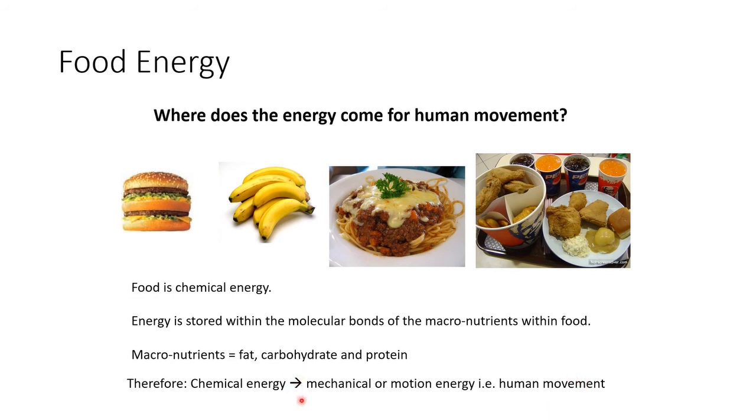Now, this arrow here signifies a whole series of chemical reactions to eventually get to mechanical motion energy. And during the first half of this unit, we'll be studying what this arrow signifies. So it actually signifies hundreds of chemical reactions to eventually get to some form of movement, motion.